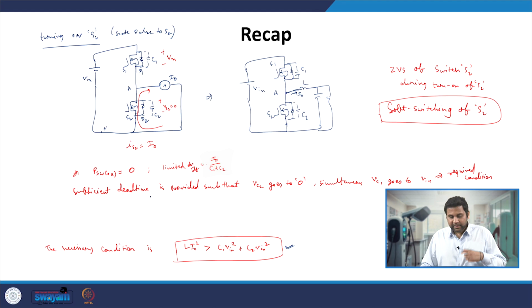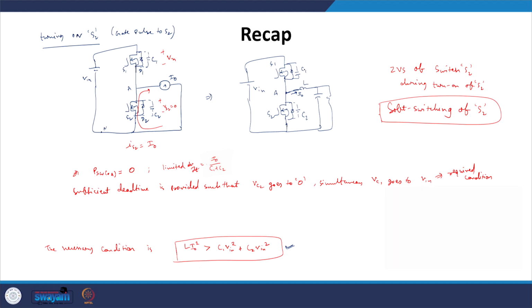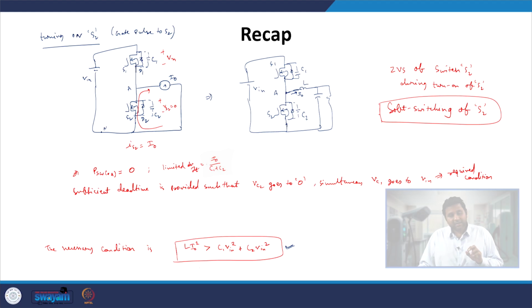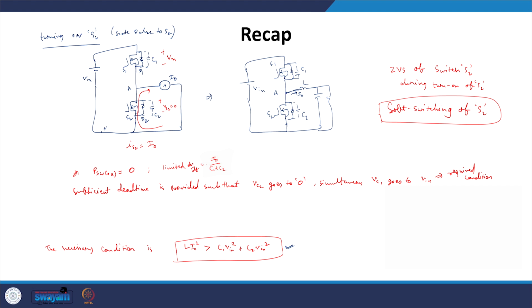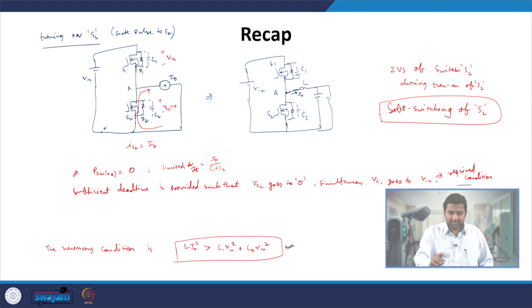That means you have to provide sufficient time before sending the gate pulse to the S2 switch, such that the voltage of C2 goes to 0 from Vin, and simultaneously the voltage VC1 goes from 0 to Vin. To obtain zero switching loss, we must ensure that sufficient dead time is provided between the turn off of the gate pulse of S1 and the turn on of the gate pulse of the S2 switch. This we also studied in the last class.